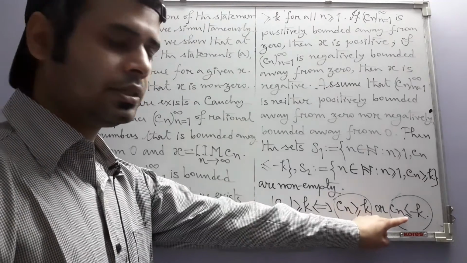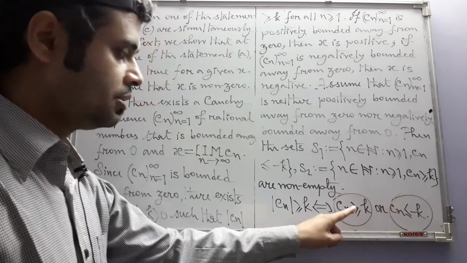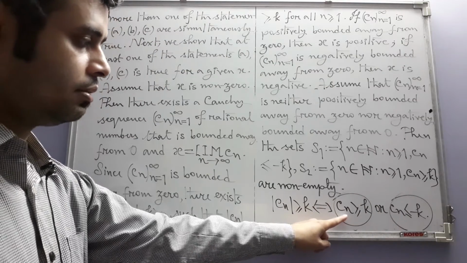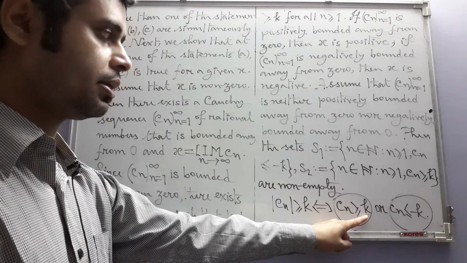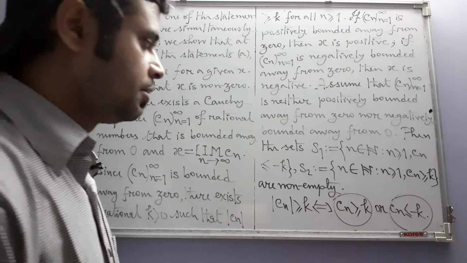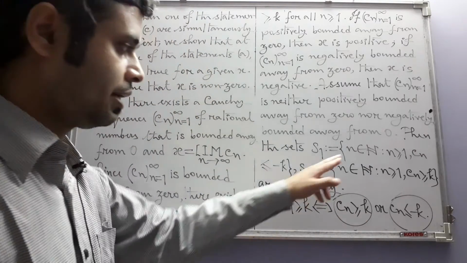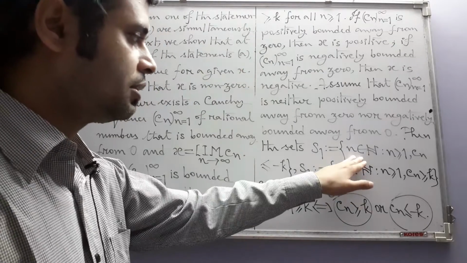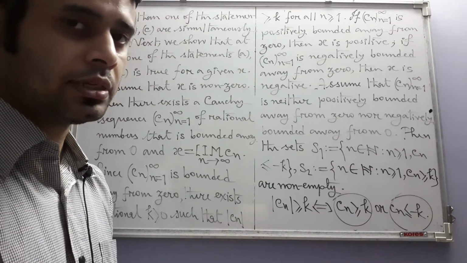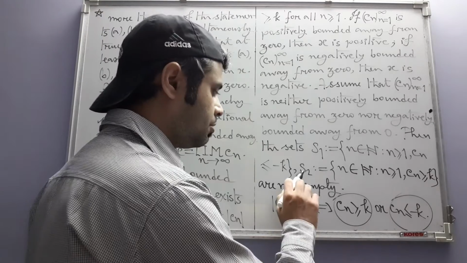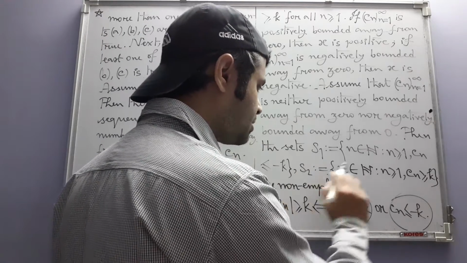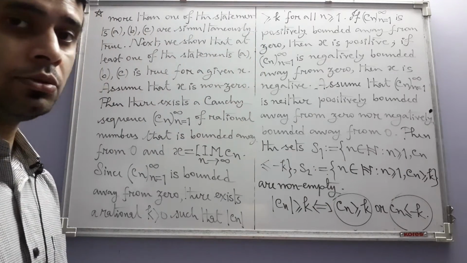But one of these things has to be true, so Cn has to be greater than or equal to k. Since S1 is empty, all the positive integers must belong to S2.